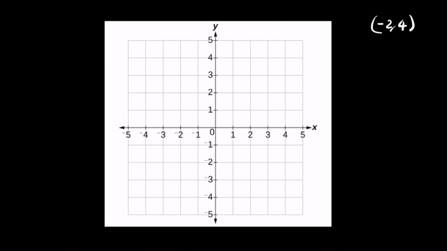Remember the idea here: for the x value, you're going to go horizontally. Because it's negative, you're going to go to the left, until minus 2. Next you have 4 in the y direction. Notice 4 is positive, so you're going to go 4 upwards.